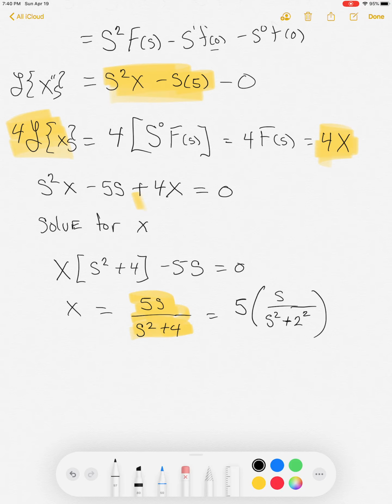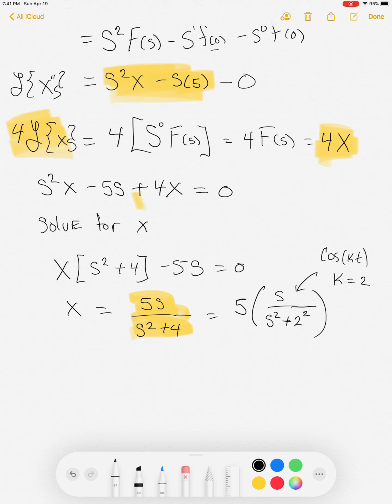And when I look on my table, I see that s over s squared plus k squared is cosine of kt, where k in this case is equal to 2.